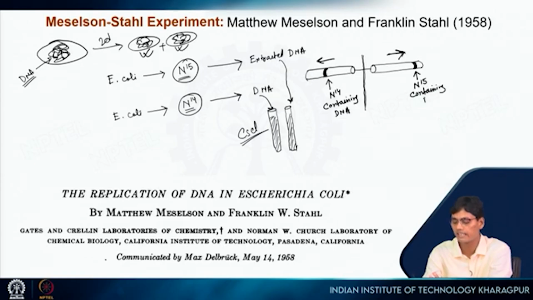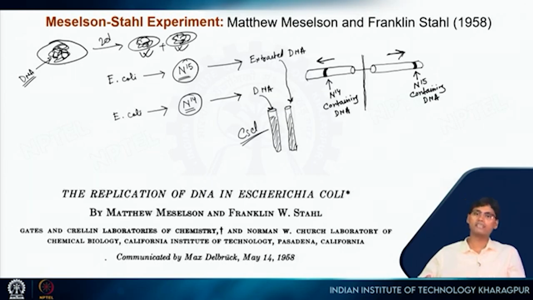containing DNA. That means when DNA is getting replicated in presence of N15, all those nucleotides have nitrogenous bases with heavier nitrogen, N15 atoms. As a result, overall the molecular weight of that DNA is heavier than the N14 containing DNA, and that's why it migrated more compared to the N14 containing DNA.